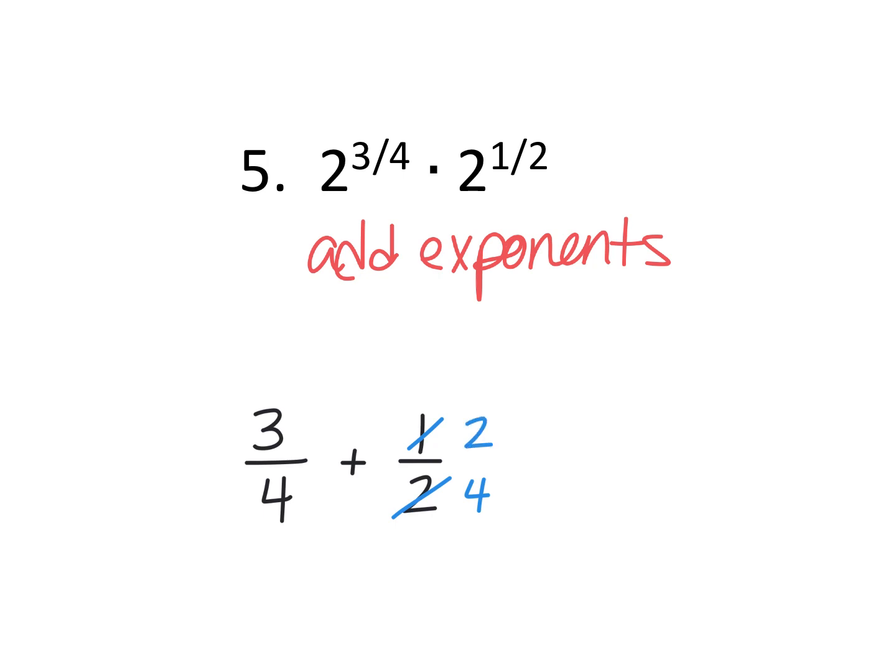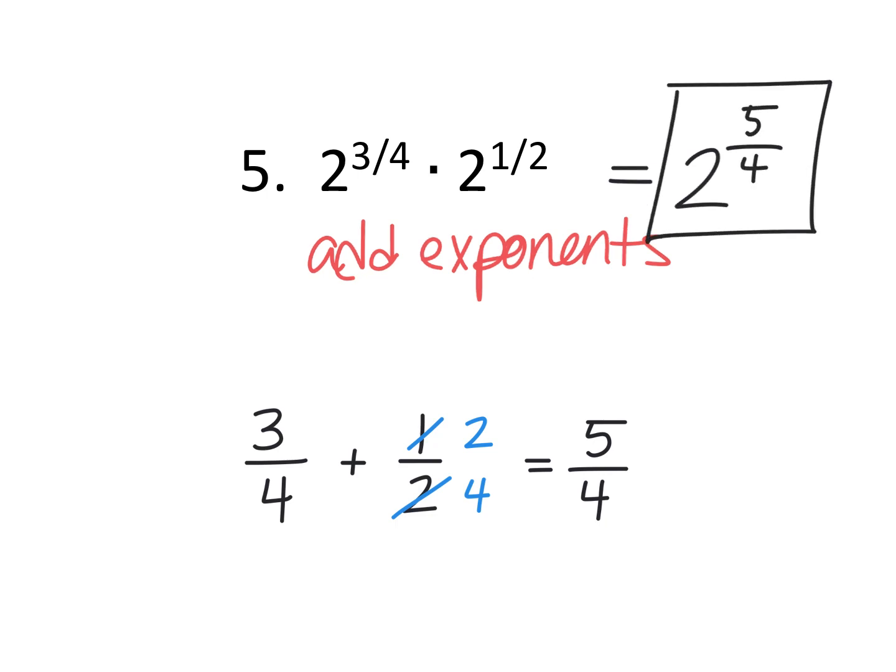So 1/2, same thing as 2/4, which is, now when I add those, I get 5/4. I do not get 5/8. So that means my answer here, that was just my exponents. So my final answer is 2 to the 5/4 power. It would make my heart really happy if you can do this without a calculator. If you can't, that's not a problem. Everybody's calculator is different, just a heads up.